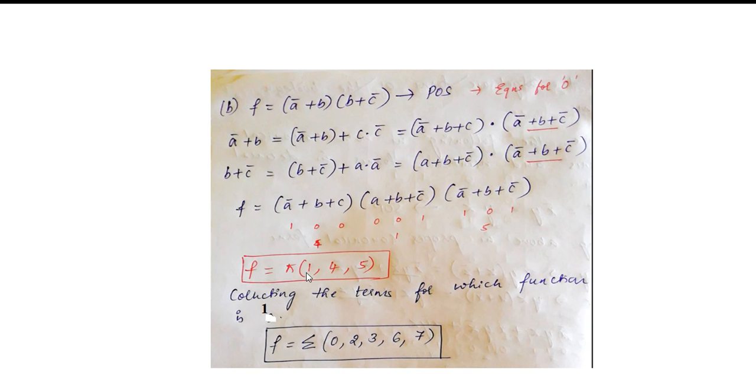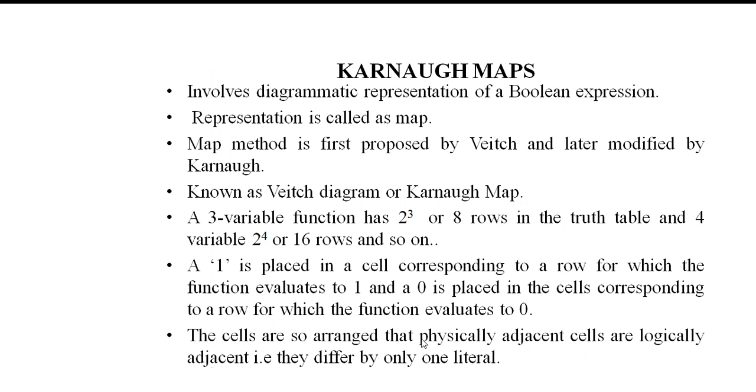First you start from the lower number: 1, 4, then 5. Now what are the min terms? Decimal equivalent of min terms. If 1, 4, 5 are the max terms in the truth table, then the remaining combinations are min terms. So the remaining terms are 0, 2, 3, 6, and 7. I hope you understood this.